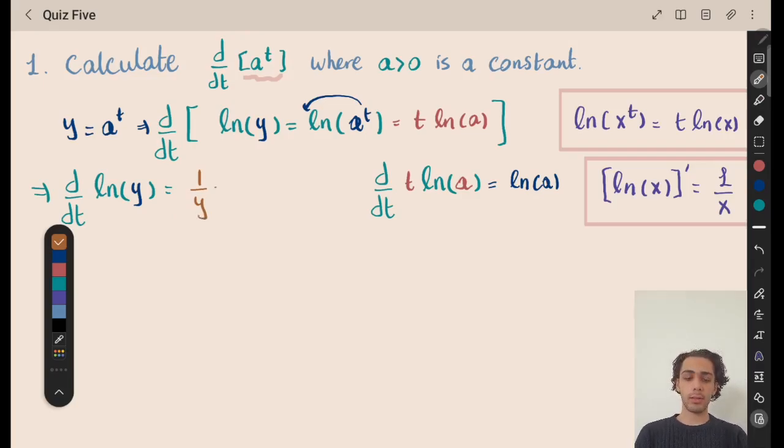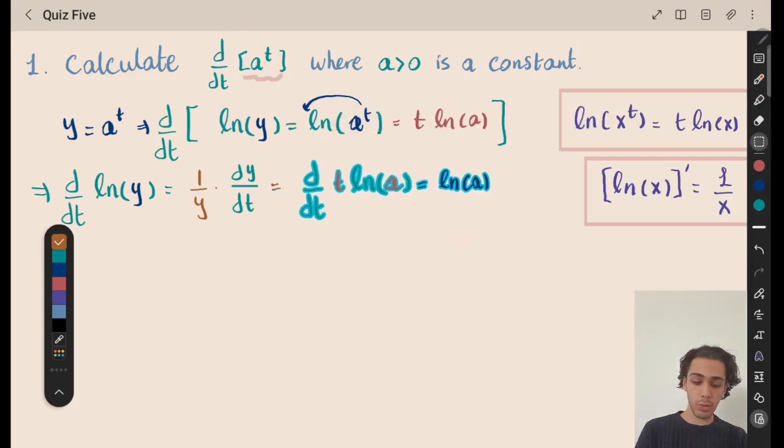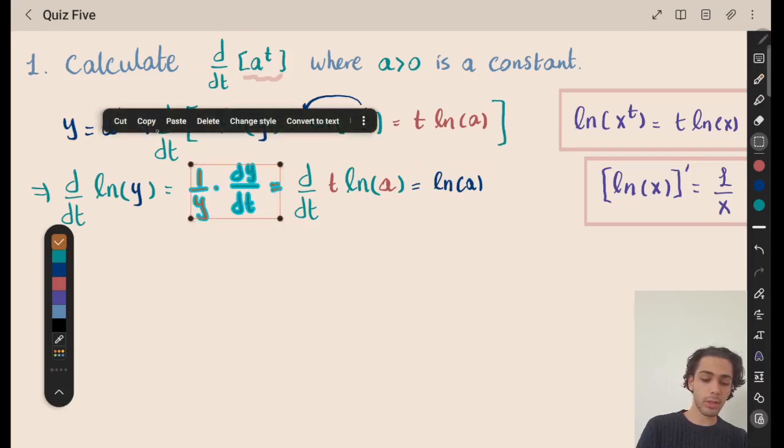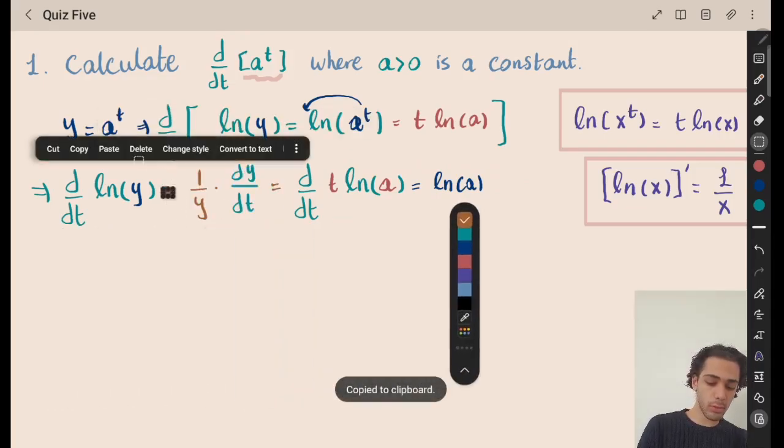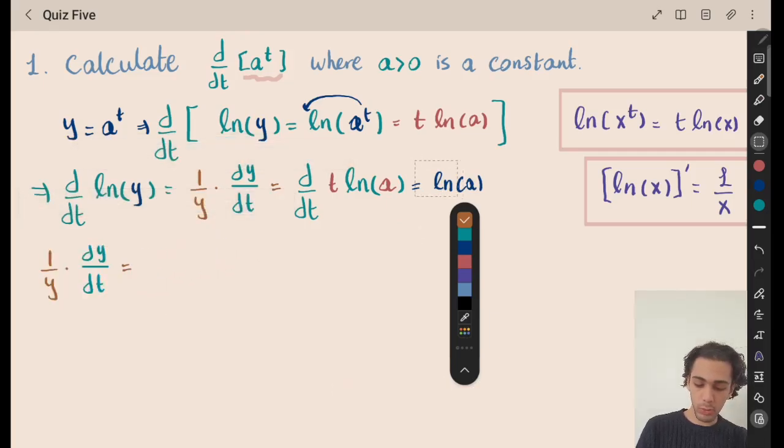But then notice that y is not t. So we need to apply the chain rule. It could be the case that there is a certain rate of change of y with respect to t. So we need to factor that in. So that is important when you're differentiating with respect to different variables. You always need to take care of the chain rule in that case. So this is equal to that, which is already very good. We're very close to our solution. So far, this is what we've obtained.